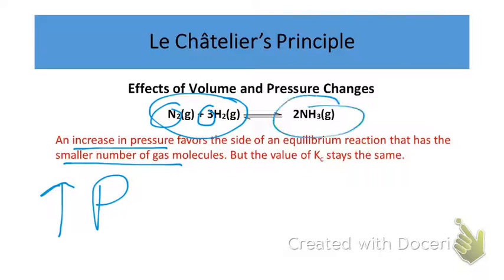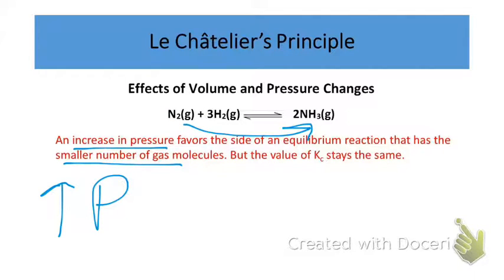On the product side, we have only 2 moles of gas. Because the product side has the smallest number of moles, the equilibrium position should shift to the right, to the product side, for the smaller number of gas molecules to reduce the pressure.